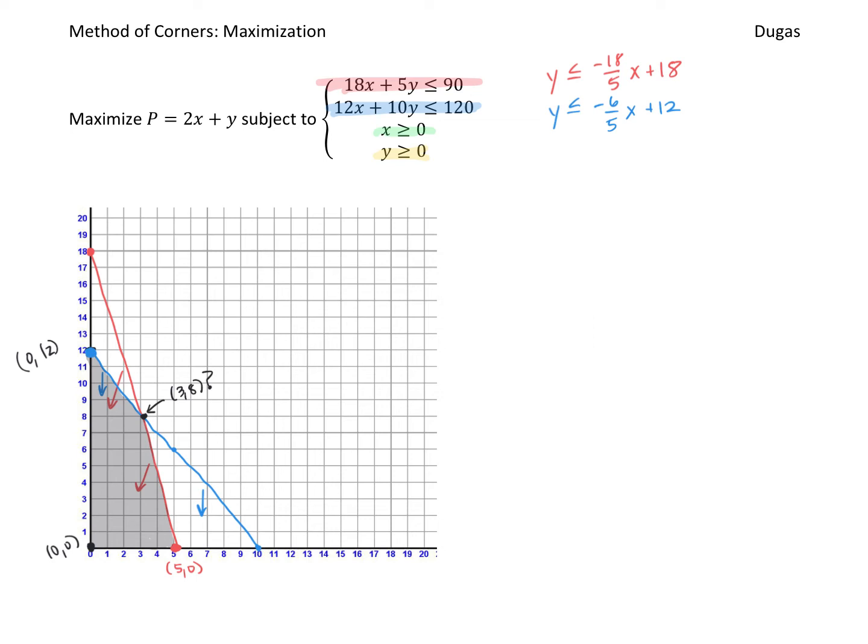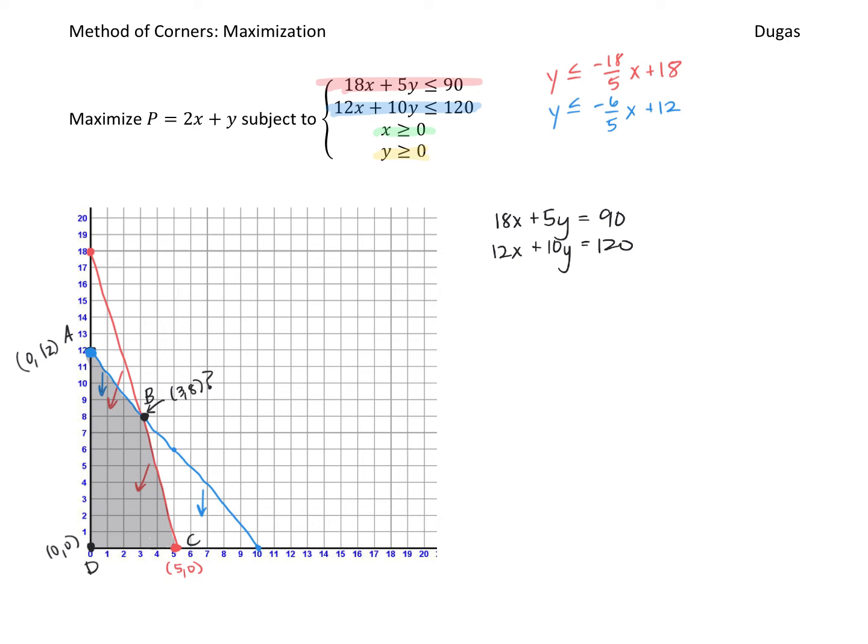So we're going to write the associated equations for the red and the blue if they were just lines. So 18x plus 5y is equal to 90, and the blue is 12x plus 10y is equal to 120. And maybe we should label the points. Let's say this is A, B, C, and D.